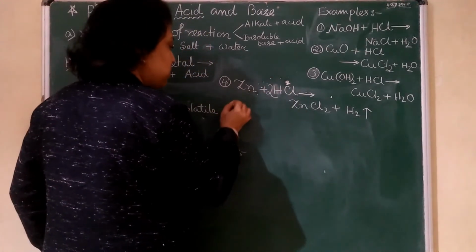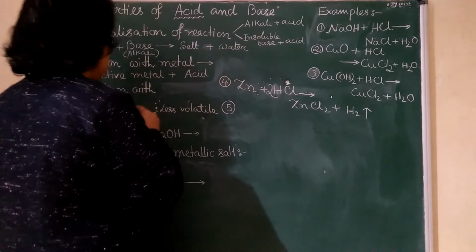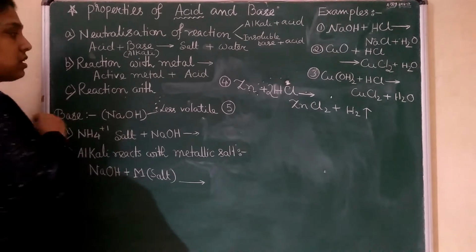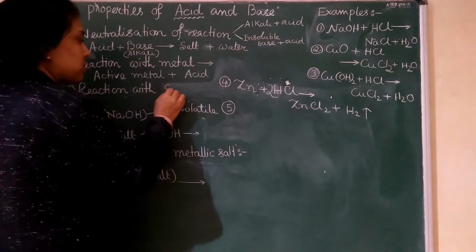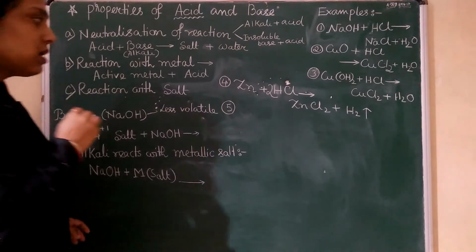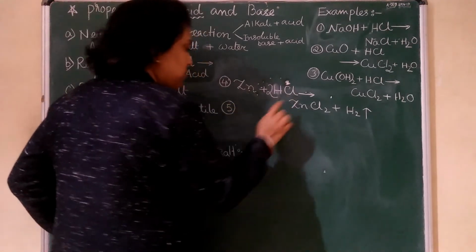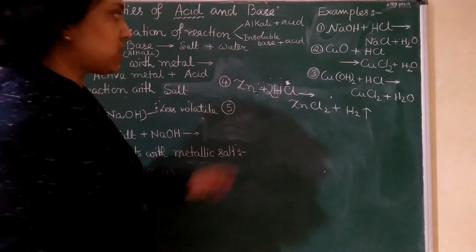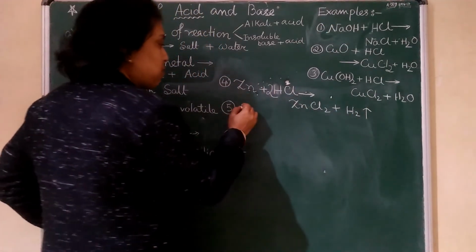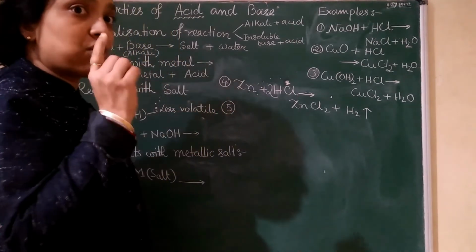Then the fifth one is reaction with salt. Now see here, I am not talking about only HCl, which we have taken here. If it is H2SO4, we have seen that H2SO4 decomposes.